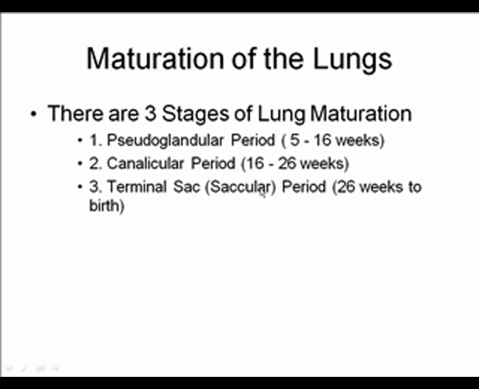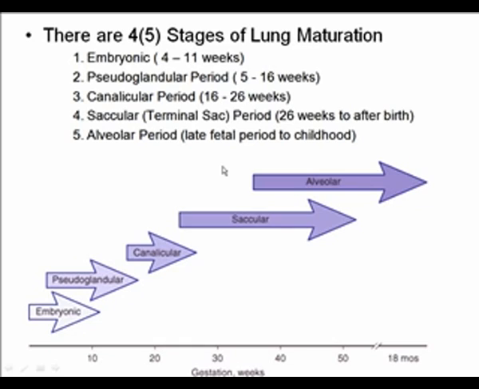There are a variety of ways that this is described, and this is the scheme that we'll use for this lecture. So early on we have the formation of the lung buds during the embryonic period, and then a pseudoglandular period, a canalicular period, a saccular period, and then the final maturation of the lungs is from the late fetal period through childhood.